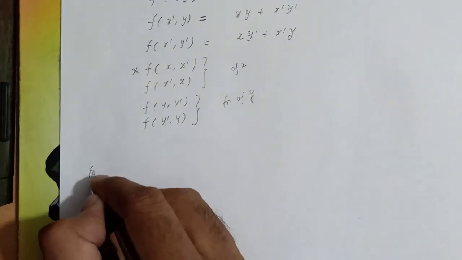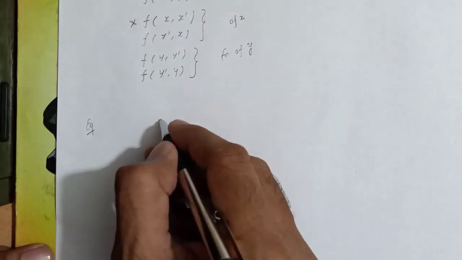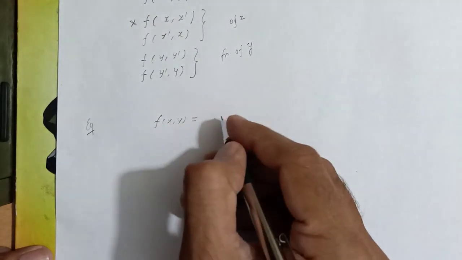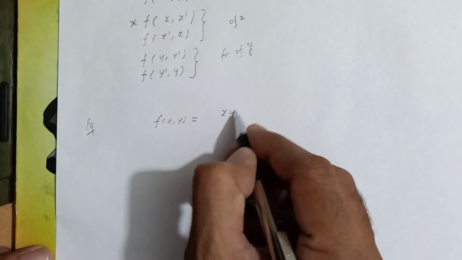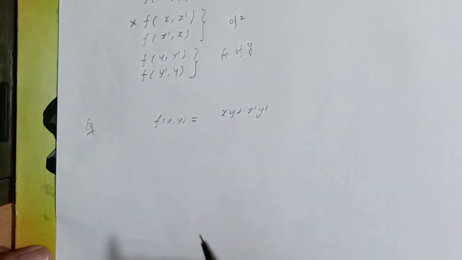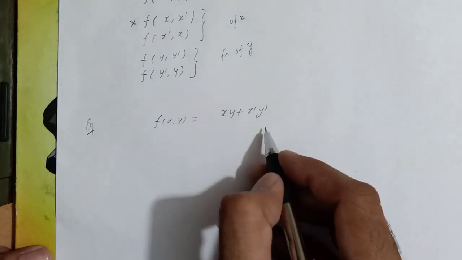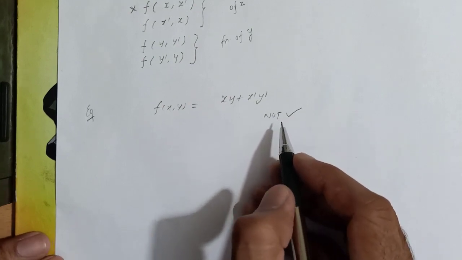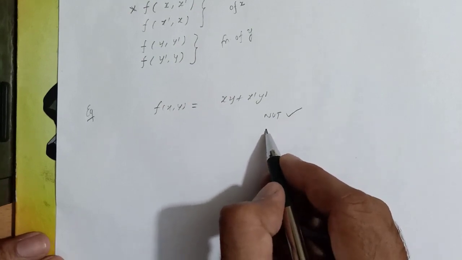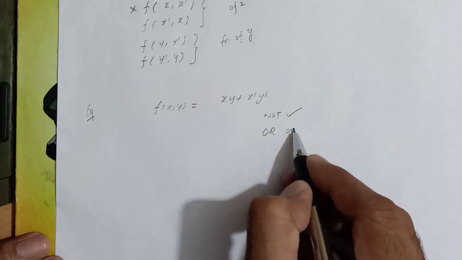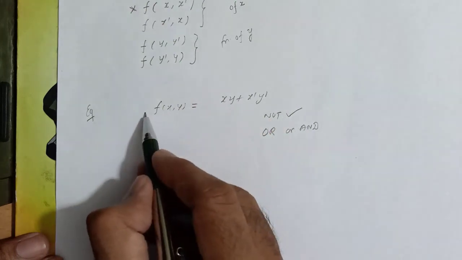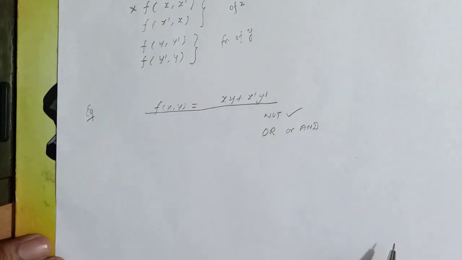Similarly, you can also prove that f(x, y) equal to xy plus x'y' will be able to generate the NOT operation, but will not be able to generate the OR or AND operation. So this operation is also functionally incomplete.